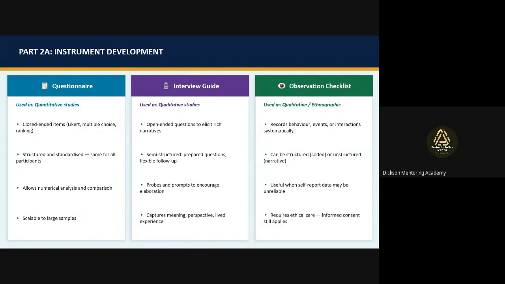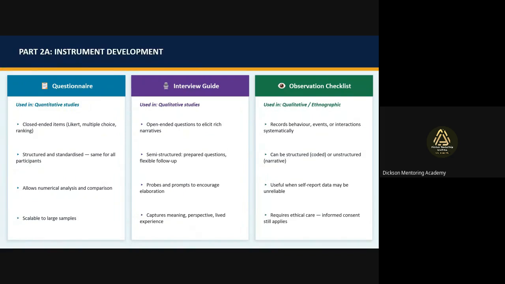So what makes a good instrument? Number one, it has to be clear. Questions must be simple and unambiguous. Number two, alignment. Each question must relate to your research objectives. Three, neutrality.